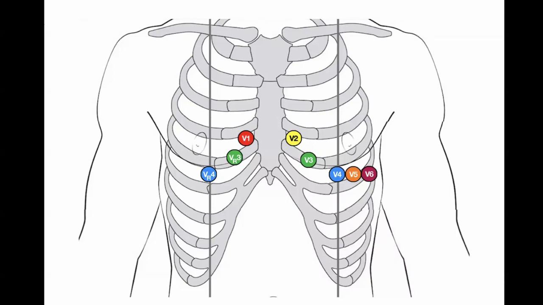As you can see here on this diagram, V4R is placed in the fifth intercostal space, right mid-clavicular line, and remember to label it on the ECG that it is V4R. V3R is placed between V1 and V4R.